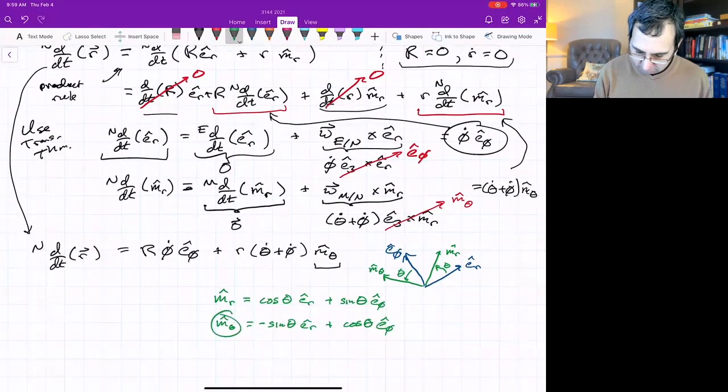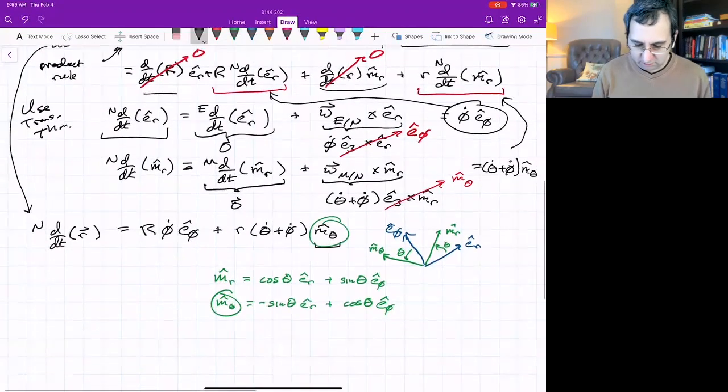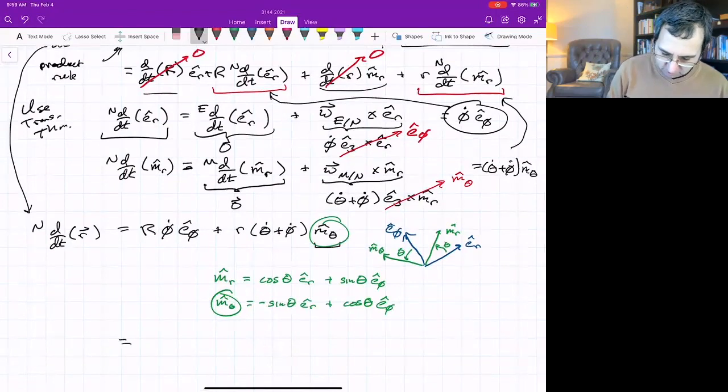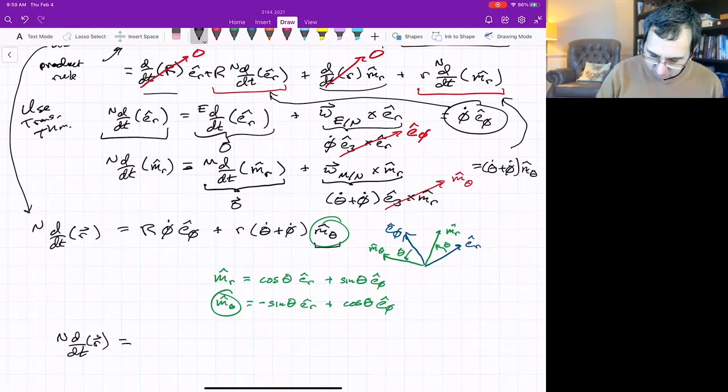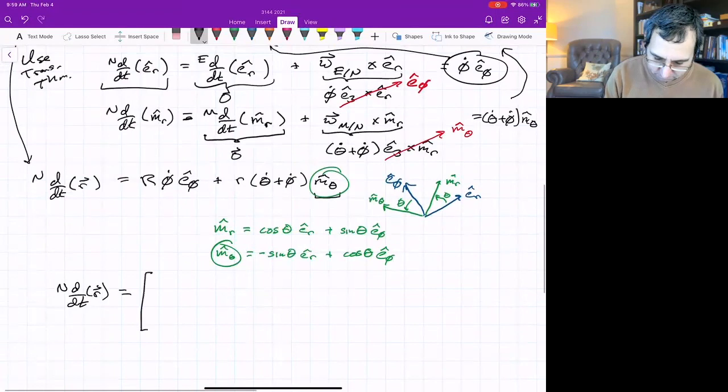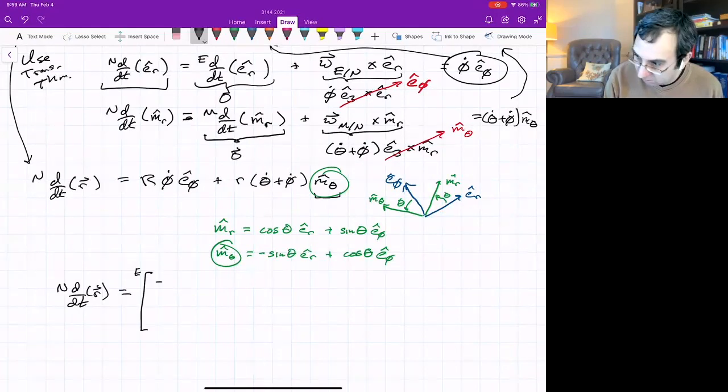Okay, so I could substitute in there, and I'll get something, which now if I write it all out as a column vector, collecting terms and everything, I'll pick up negative r sine theta, theta dot plus phi dot.